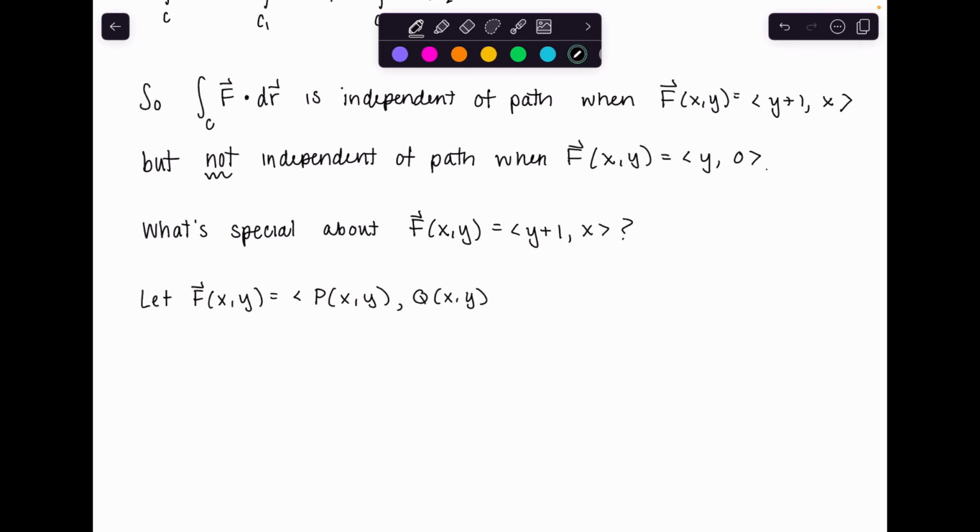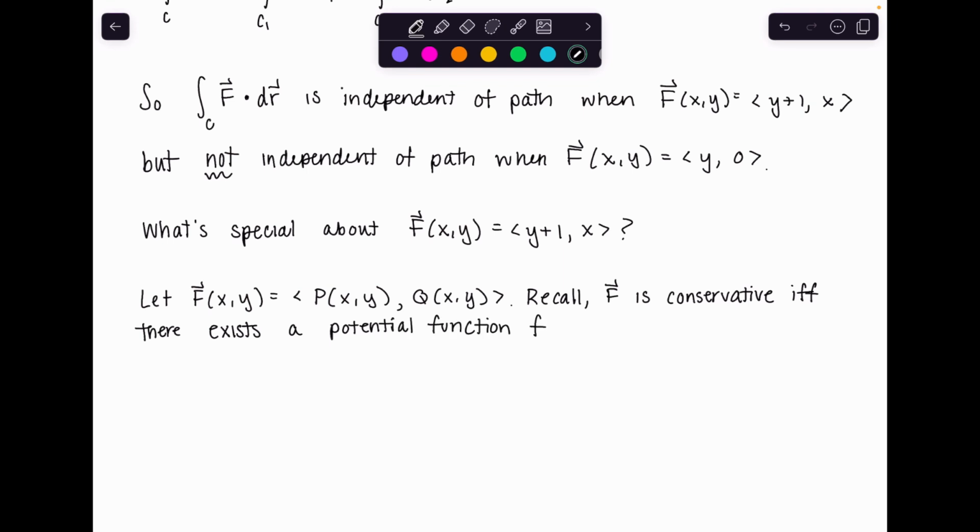So the first function is P, the second function is Q. Recall that we say F is conservative if and only if there exists a potential function, little f, such that this vector field is the gradient vector of this function.